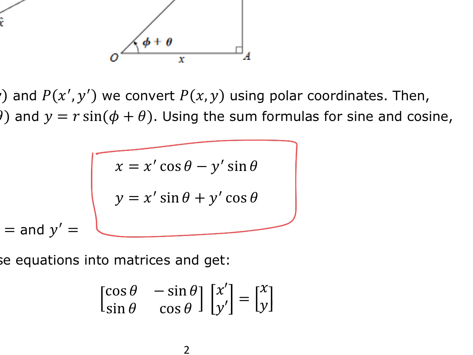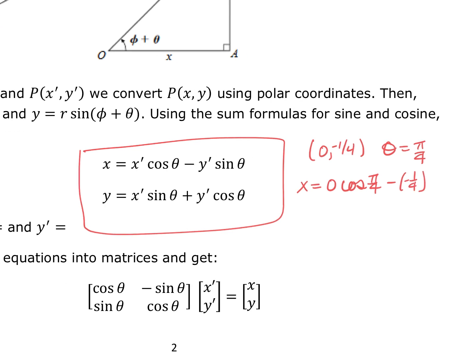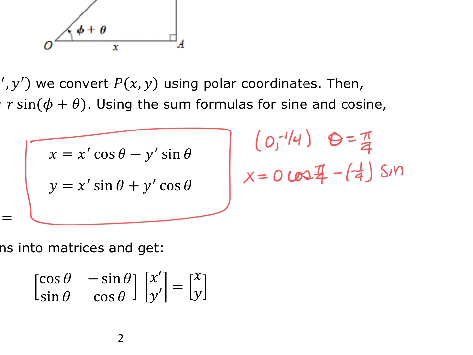My x prime was 0, my y prime was a negative 1/4, my theta is still pi over 4. So the x would be equal to my x prime, which is 0, times the cosine of pi over 4, minus my y prime, which was a negative 1/4, times the sine of pi over 4.